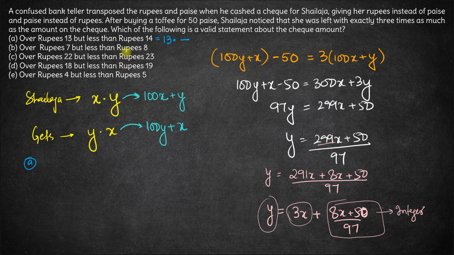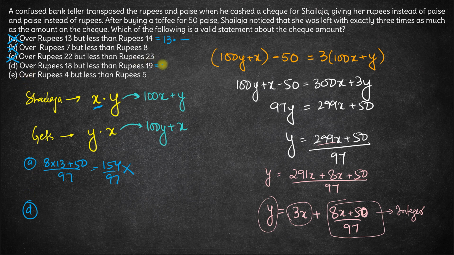So this effectively means that the value of x is 13. Now if x is 13, let's see if 8x plus 50 by 97 is an integer or not. So we have 8 into 13 plus 50 by 97. 8 into 13 is 104 plus 50 is 154 by 97, not an integer, hence option A is rejected. Similarly, options B and C will also get rejected because this will not come out to be an integer.